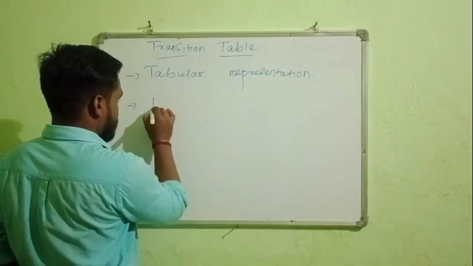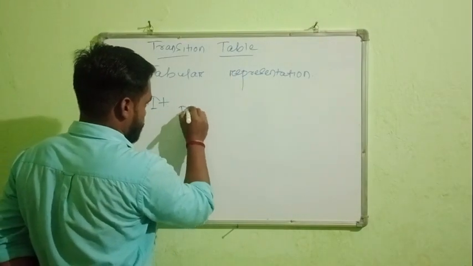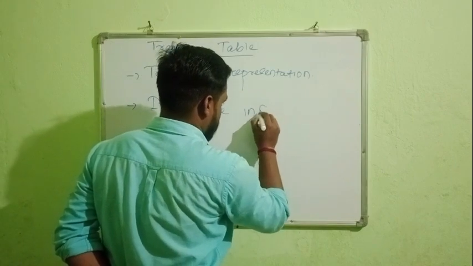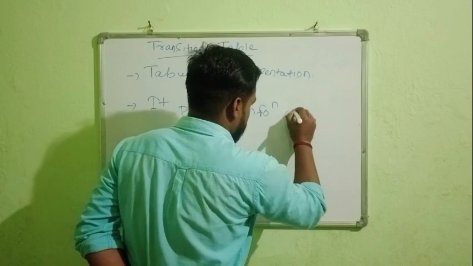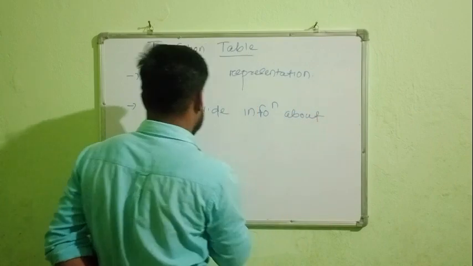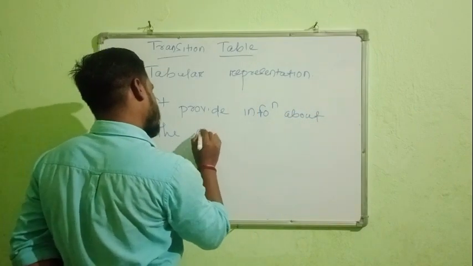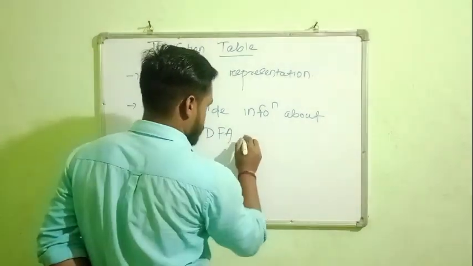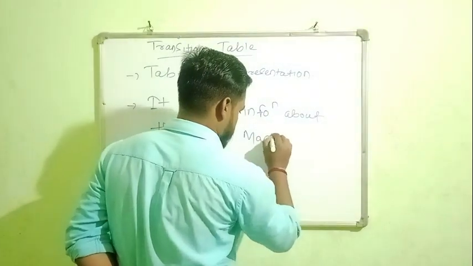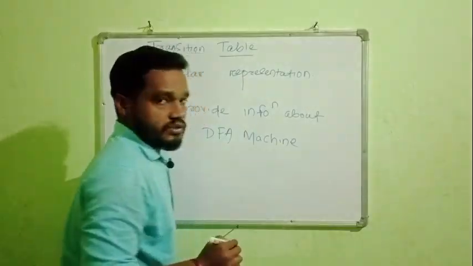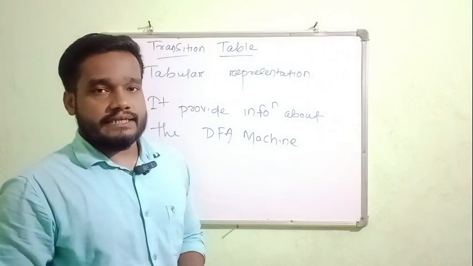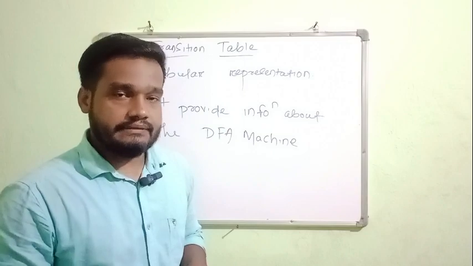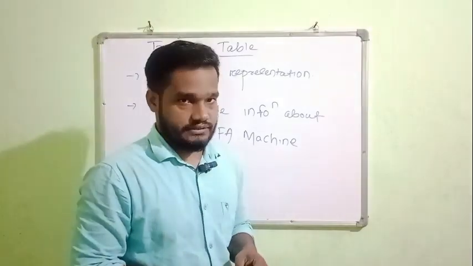A transition table is a tabular representation of a DFA machine, and a DFA machine is a pictorial representation of a DFA machine.